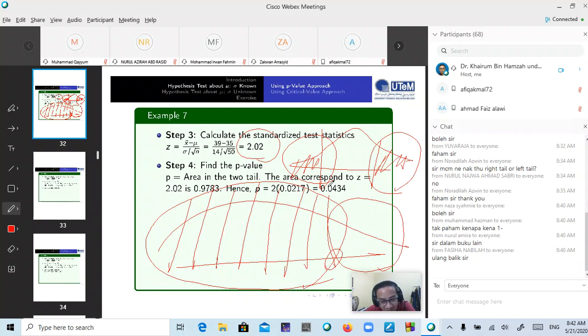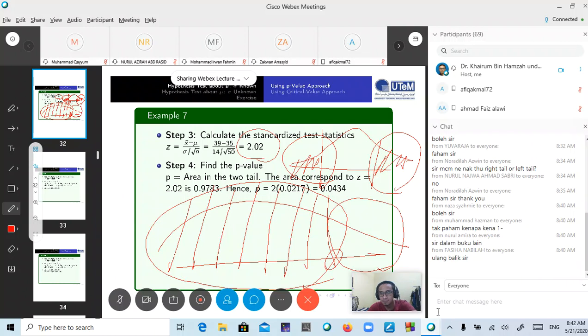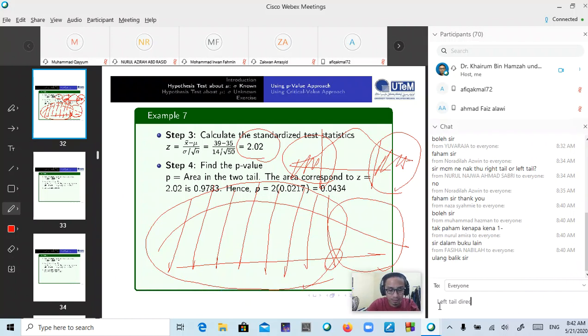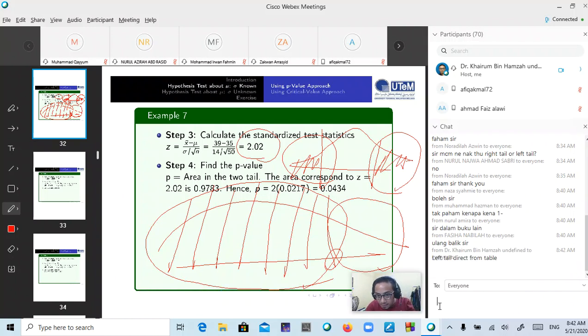Kalau left tail, direct daripada table. Okay? Left tail direct from table. Right tail 1 minus value table.